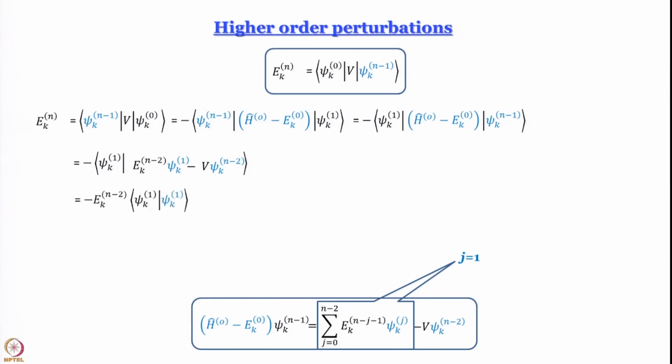The first integral is going to be, since there is no more summation, I can bring this E k n minus 2th out of the integral sign, and the integral will be psi k 1th, psi k 1th, plus psi k 1th integral psi k 1th v psi k n minus 2th. Okay. So, then this is what I get.